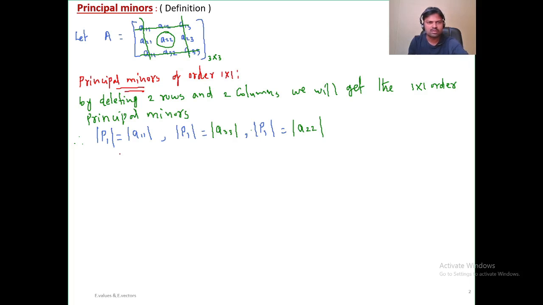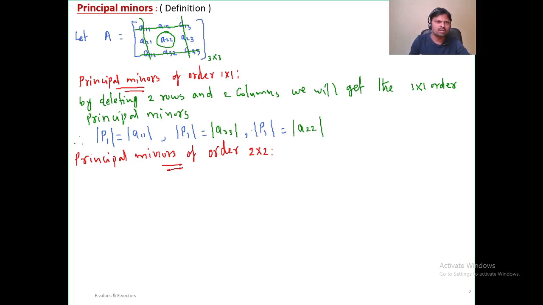Same thing, principal minors of order 2 by 2. For a 2 by 2 matrix from a 3 by 3, you have to delete 1 row and 1 column every time.